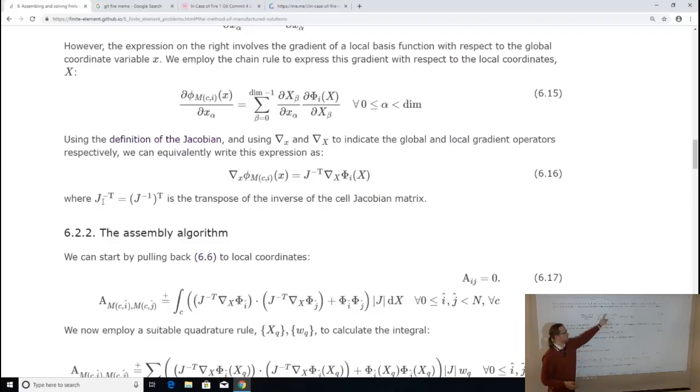We need to contract out over what's on the top, and so the way you deal with that is you transpose it, and then dot product does what you want it to. So that's the change of coordinates. So every time you get a gradient turning up in an integrand, we need to transform it into a local coordinate operation like that.